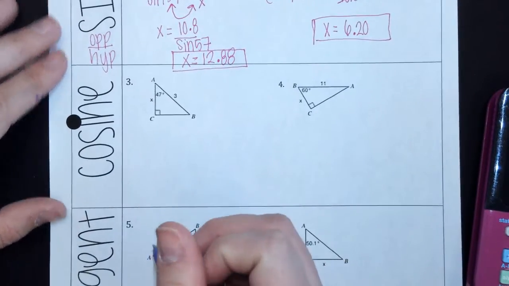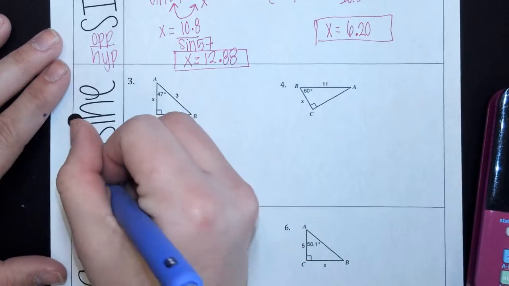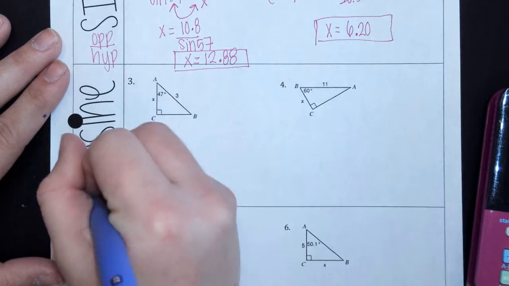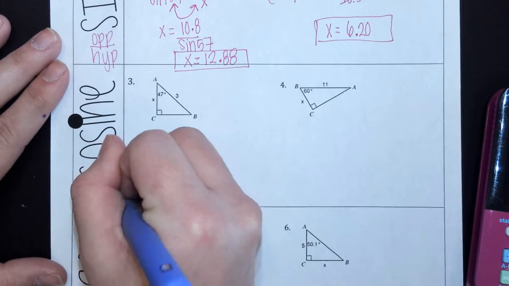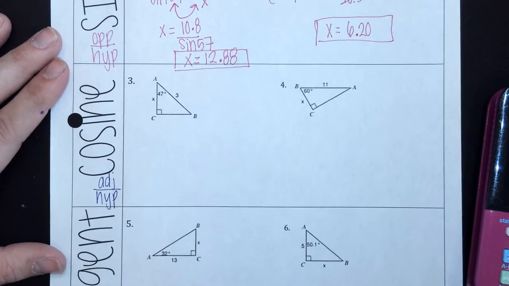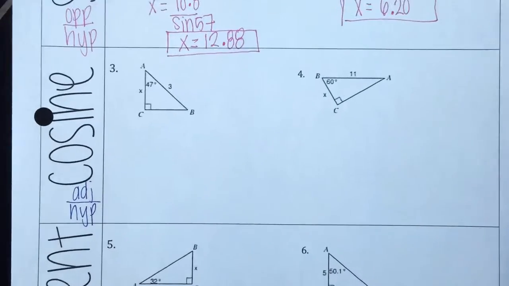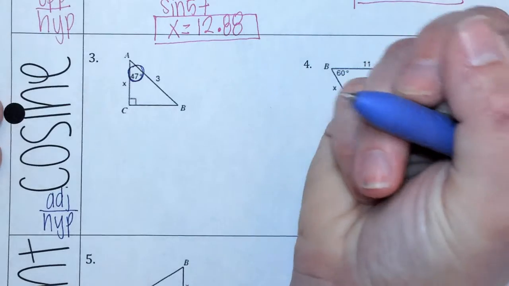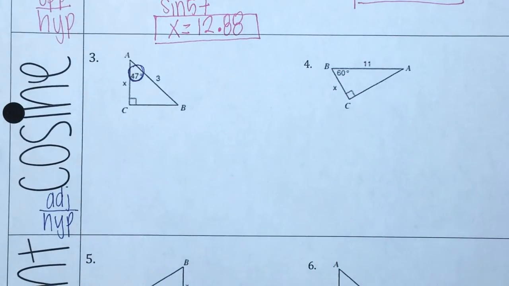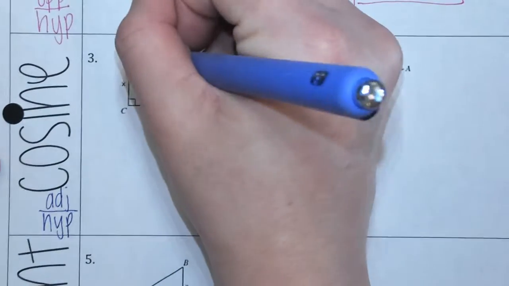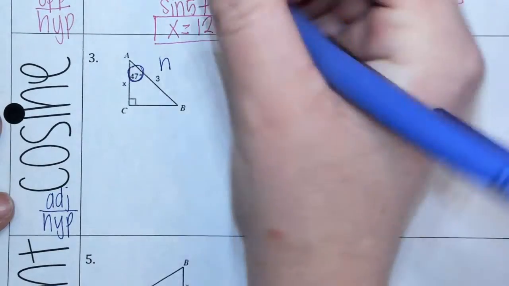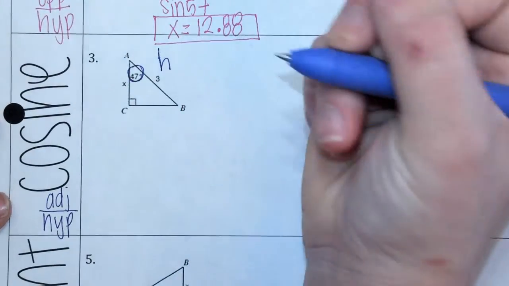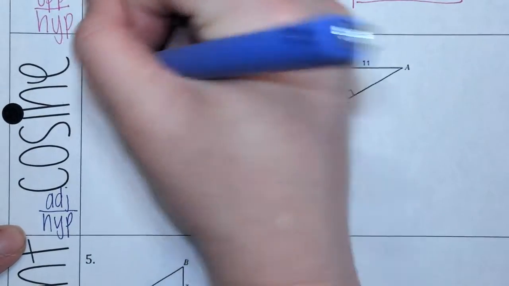Cosine is what divided by what? Adjacent divided by hypotenuse. So circle your 47. Which one of these is your hypotenuse? So the x has to be the, not opposite, adjacent.